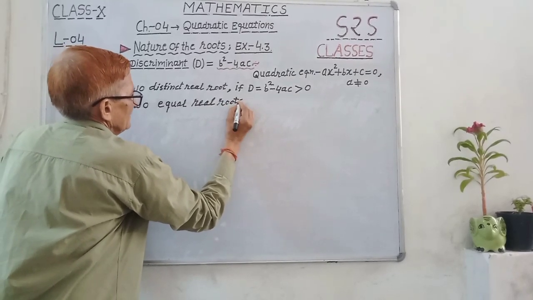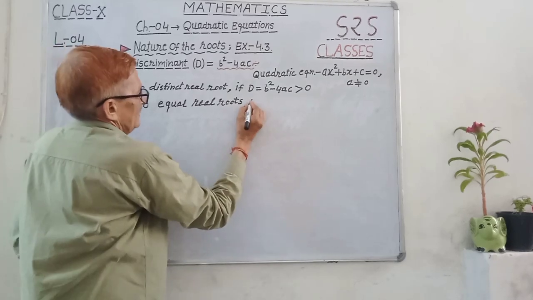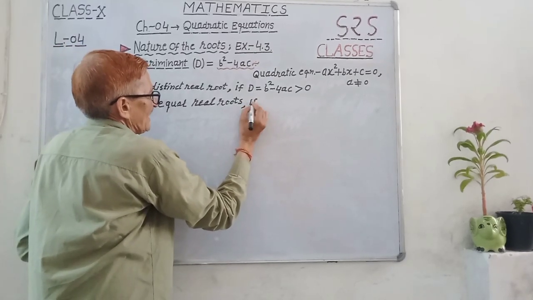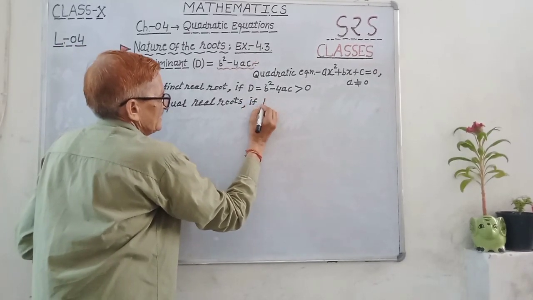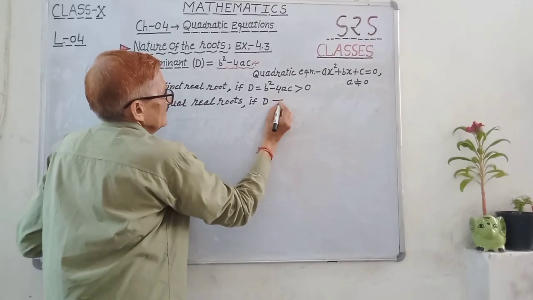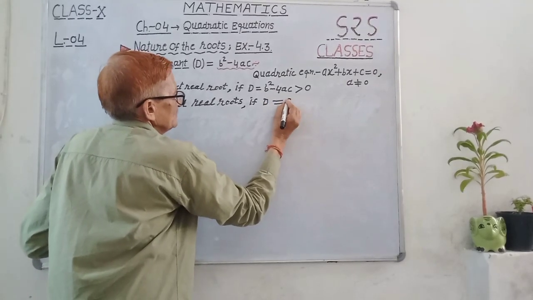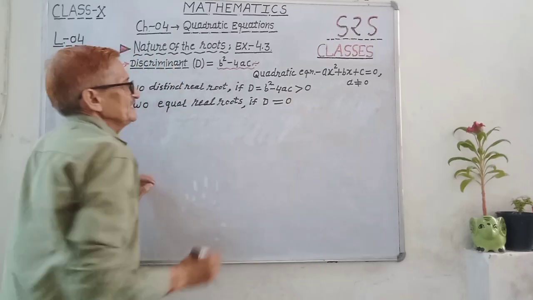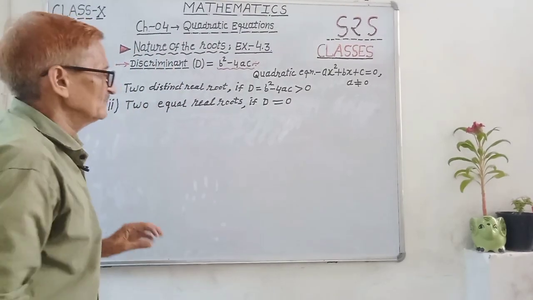In second case, if the calculated value of the discriminant is equal to 0, discriminant means b square minus 4ac value.